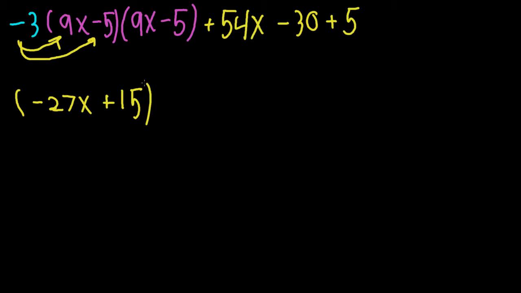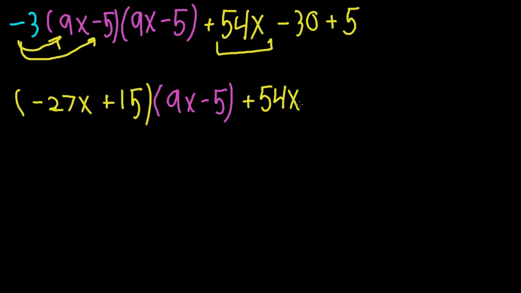And I'm going to keep that all in parentheses because I'm going to be using this term later to multiply with 9x minus 5. So I'll write out times 9x minus 5. Over here I have 54x, so I'm going to write plus 54x. And then I have negative 30 plus 5 to get me negative 25.